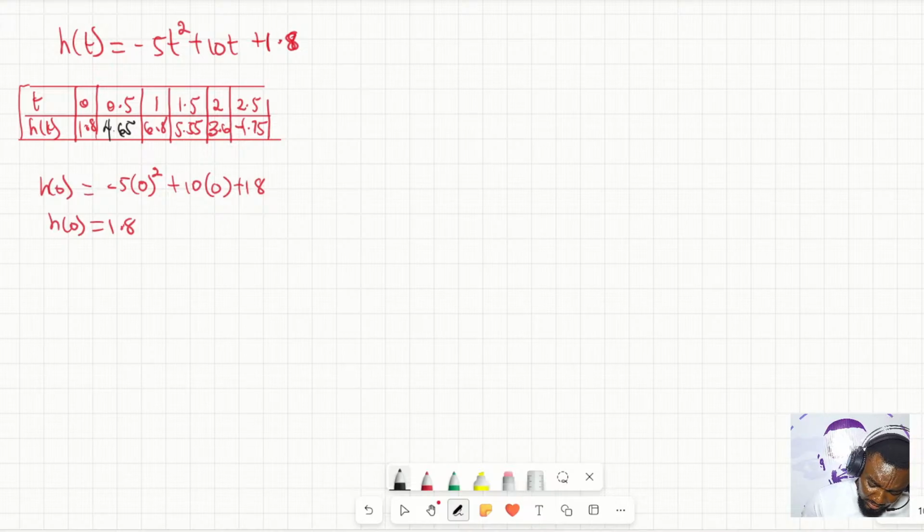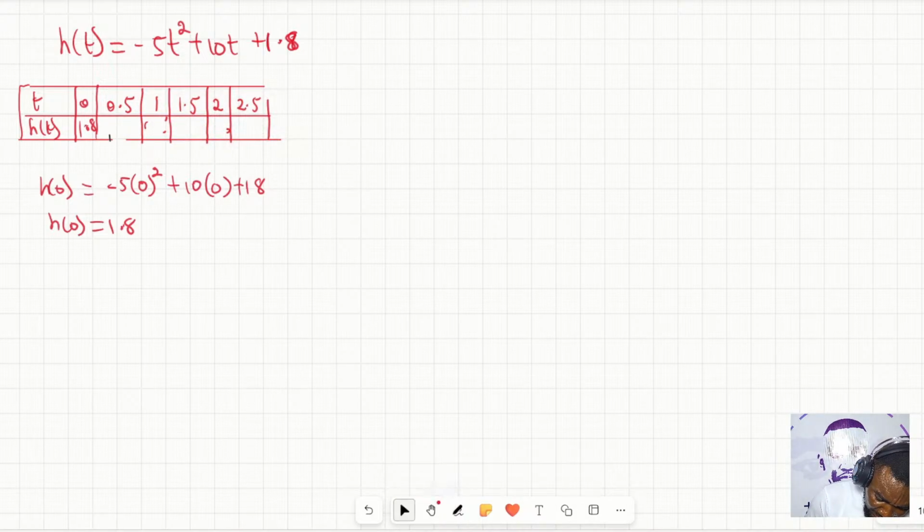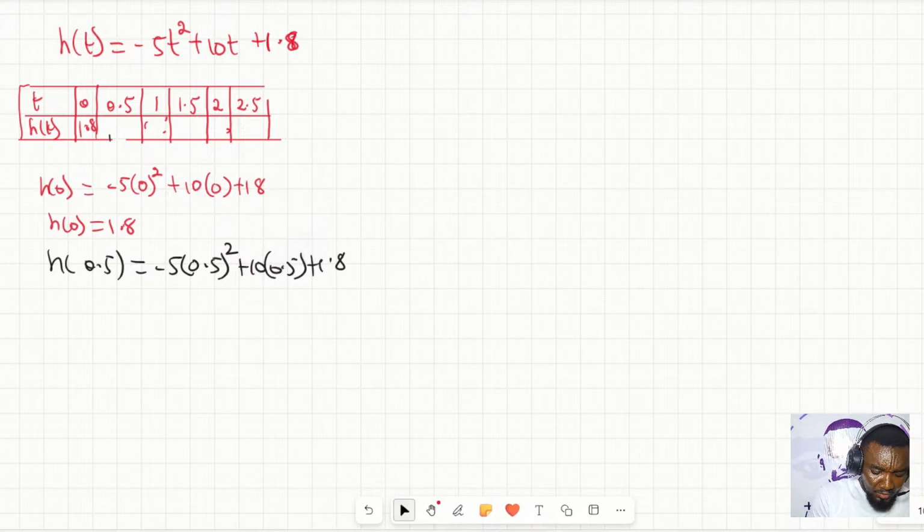So 1.8 must be okay. The first one is 1.8. Let me clean this so that we go through the other ones. Writing it should make it better. So when t is 0.5, I'm going to have negative 5 multiplying 0.5 all squared plus 10 multiplying 0.5 plus 1.8.